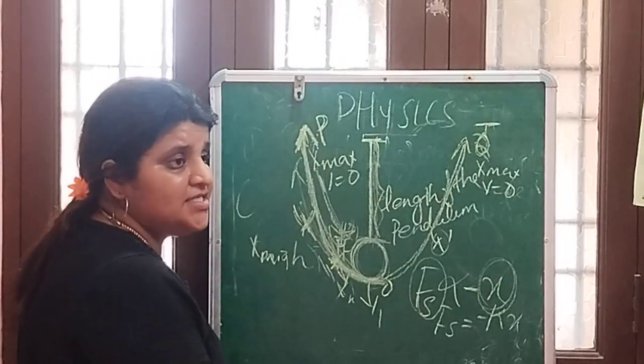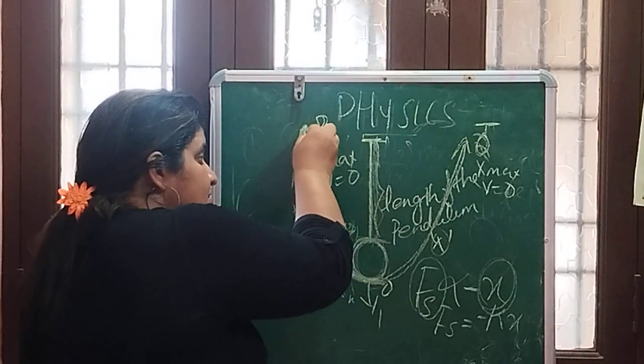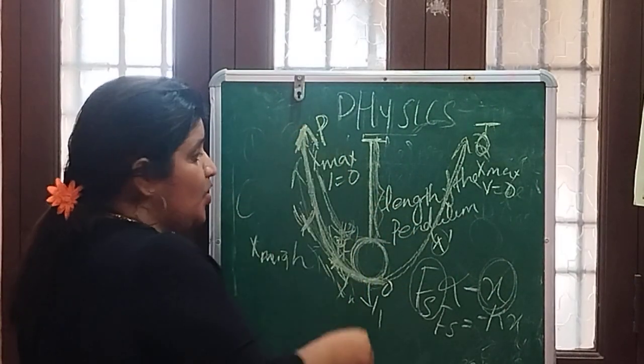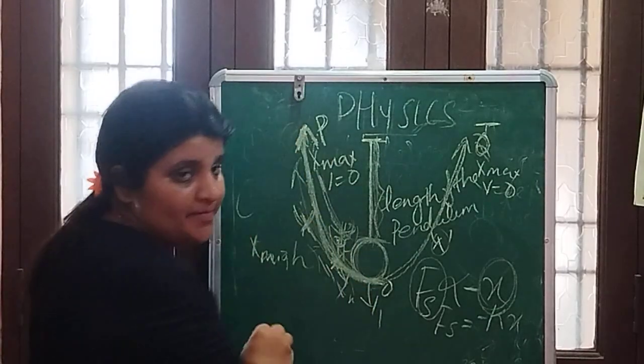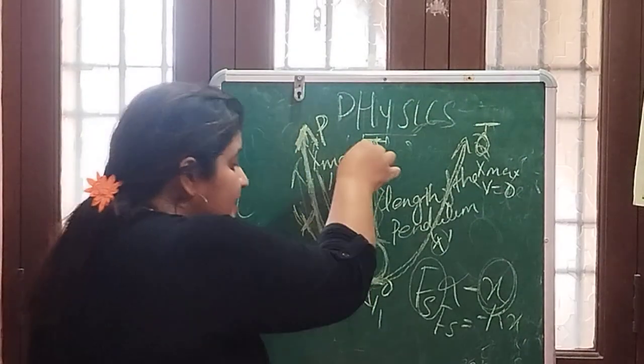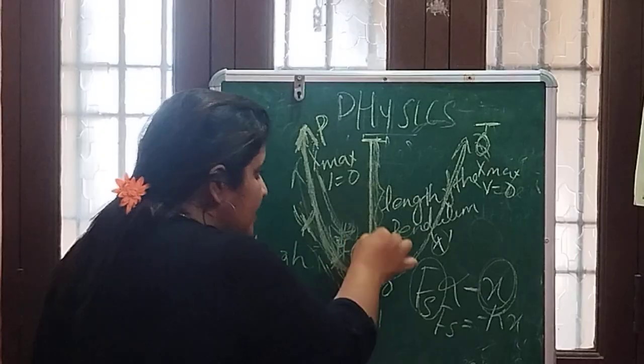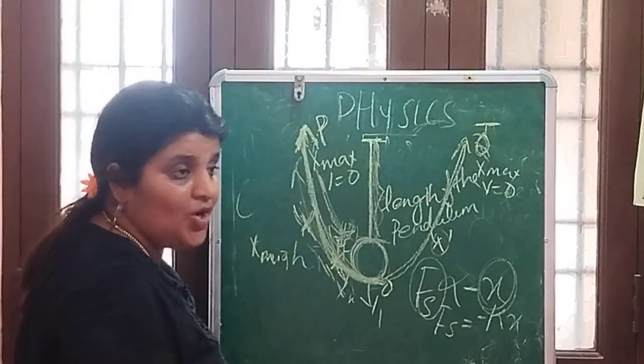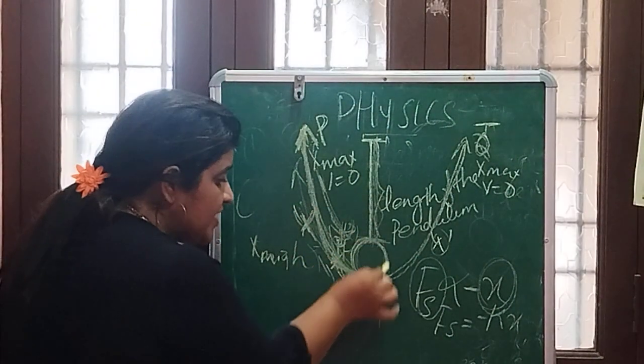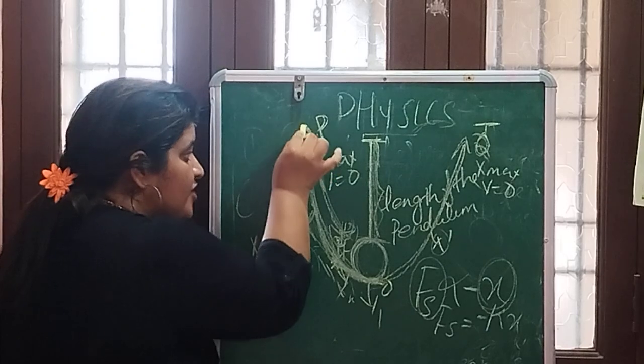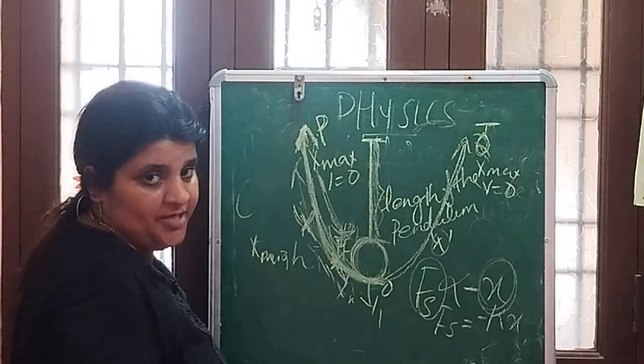So because of that, even when the bob reaches the extreme position, it does not stay there. The bob comes back to the equilibrium position O. This is because of the restoring force continuously given by the string to this bob of mass M, which tries to make the bob move from the extreme position to the equilibrium position.